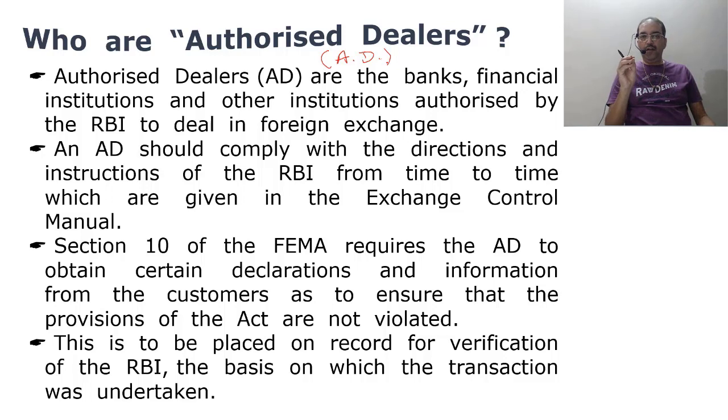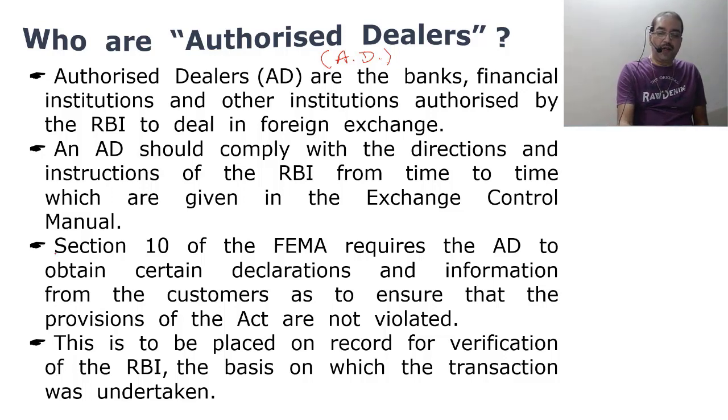That is why these authorized dealers are supposed to collect information from their customers, as to from where they have got the foreign currency, if they are selling it to us, or if they require foreign currency, for what purpose they require it. So all those details have to be collected, and this information has to be kept on record to be submitted to the RBI.